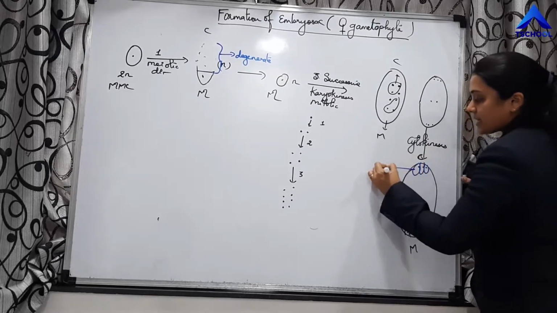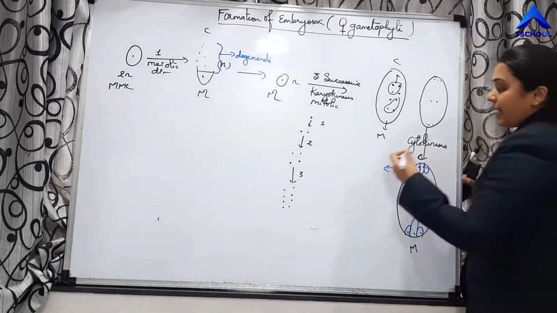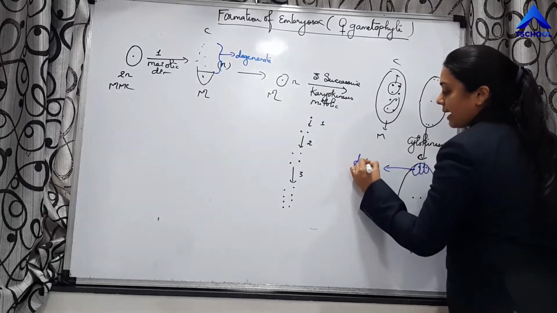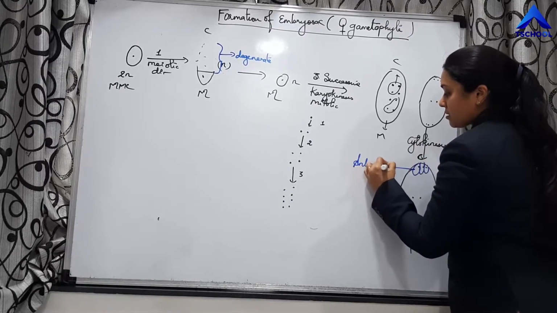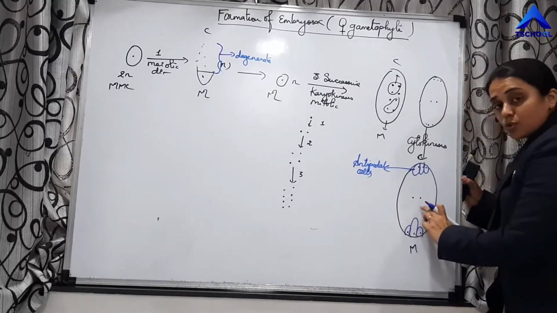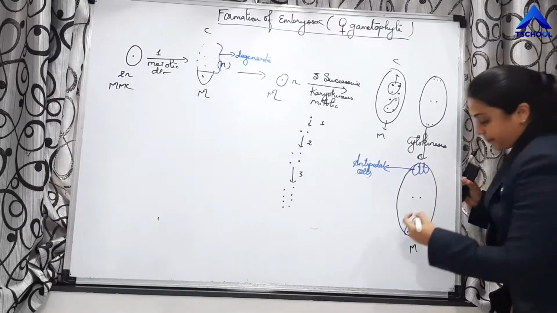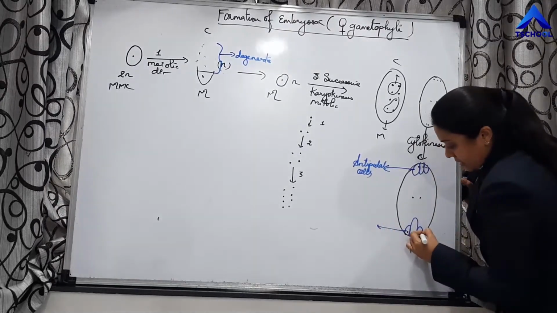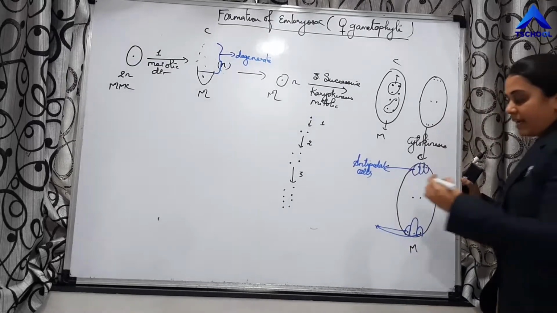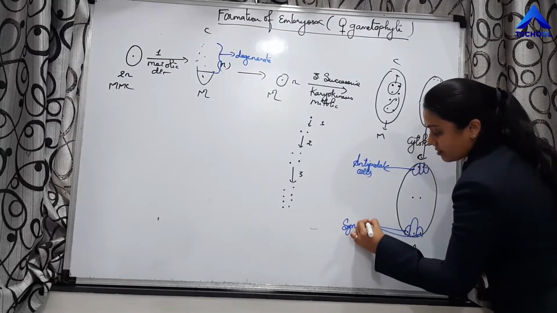These 3 cells which are formed towards the chalazal end are called antipodal cells. In the center, 2 nuclei are left as they are. There is no cytokinesis around them.